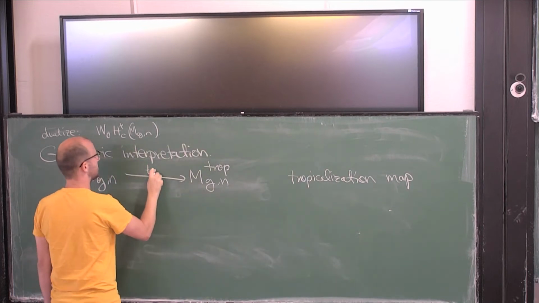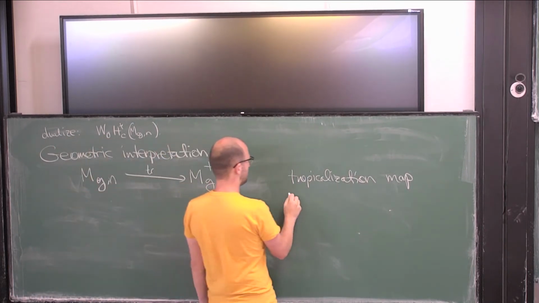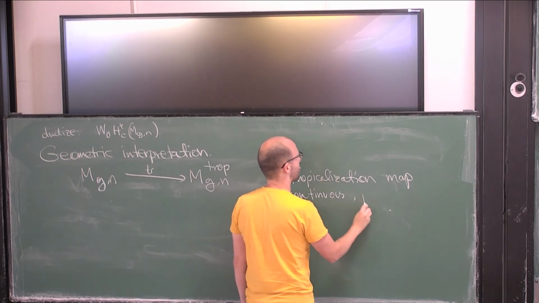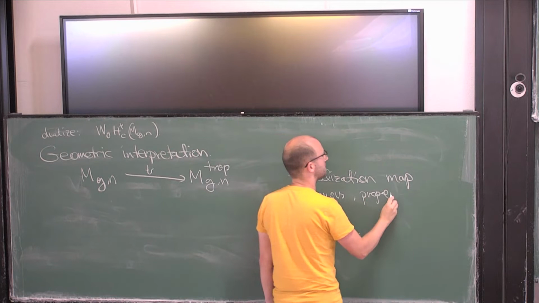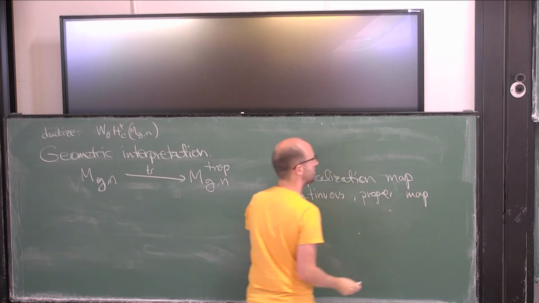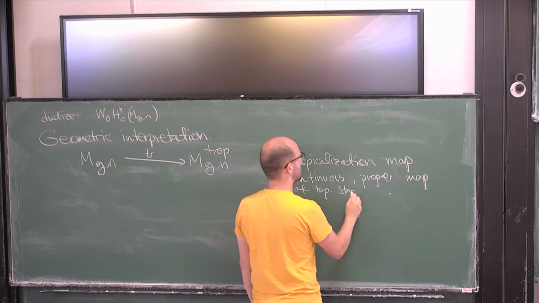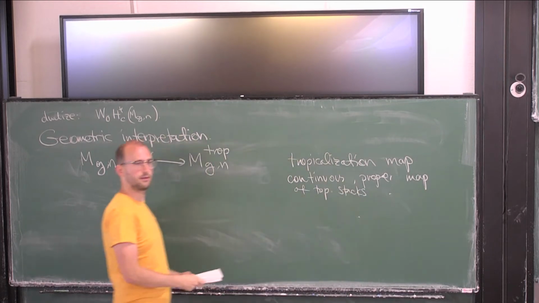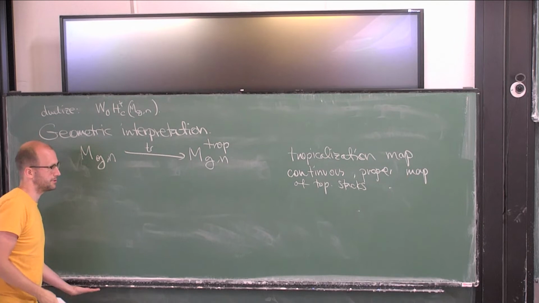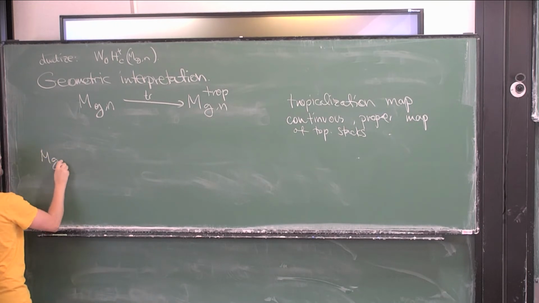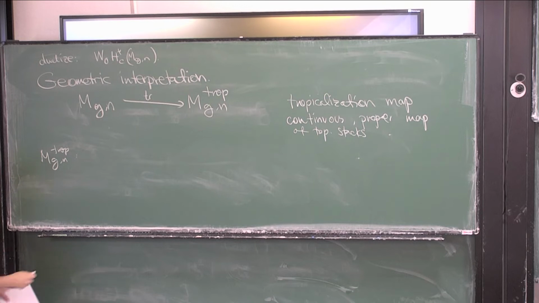I call it TR, and it's a continuous proper map of logical stacks. If you don't like stacks, think of topological spaces. I have to tell you what this space M_{g,n}^trop is. M_{g,n}^trop is a space of metric graphs.